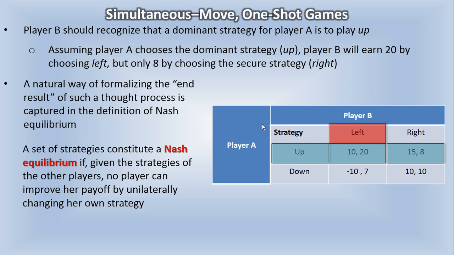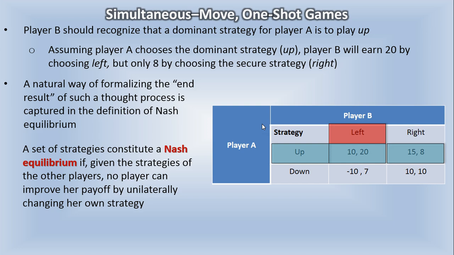And the way you identify a Nash equilibrium in a game is by going through each player, figuring out what they would do in response to their rival, and then finding the places where those choices overlap.